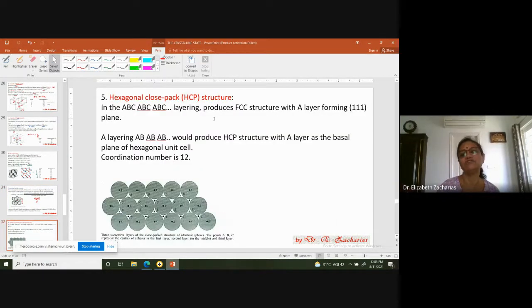Now, how do you get your HCP structure? You put hard spheres on a plane, call that layer A, then over that put another layer.